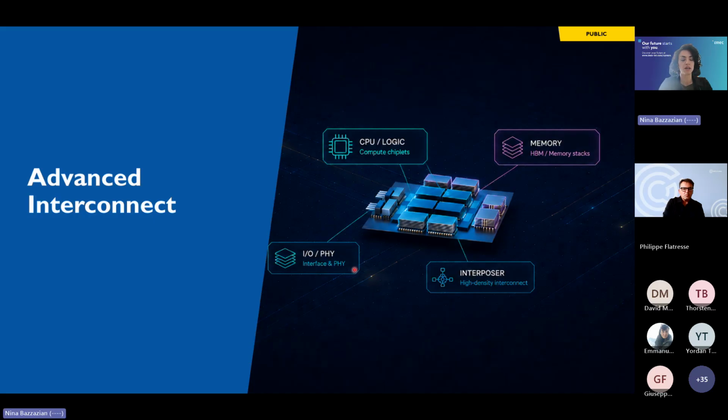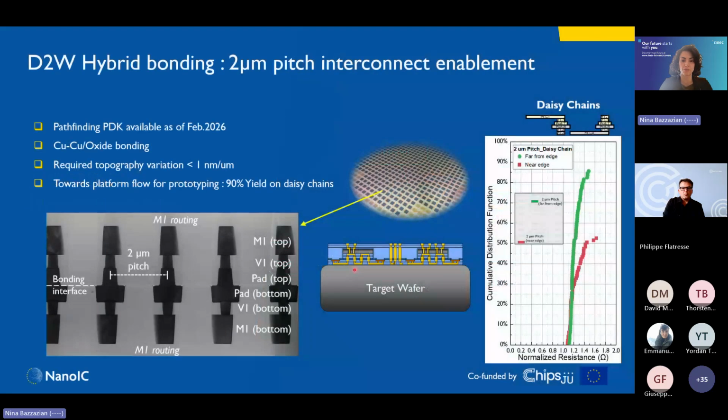The last pillar of NanoIC technology is the very important pillar of advanced interconnect, starting with 3D hybrid bonding, which we know that it is going to play a major role in the future semiconductor system. We know that many future devices will rely on advanced chip stacking on top of each other and that kind of approach.